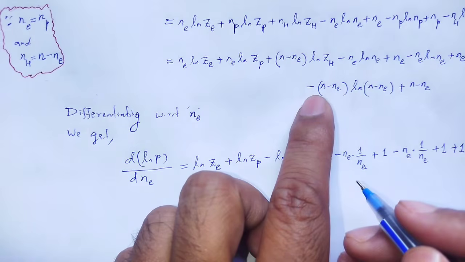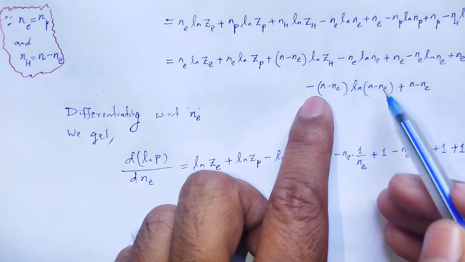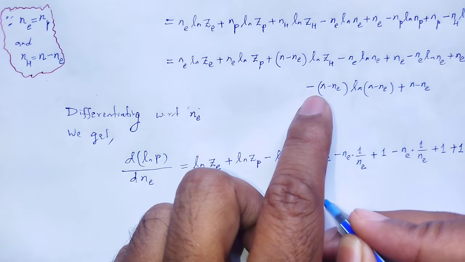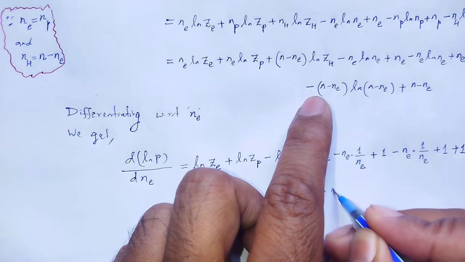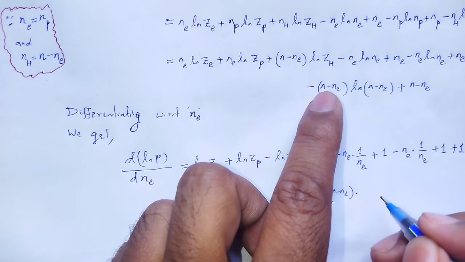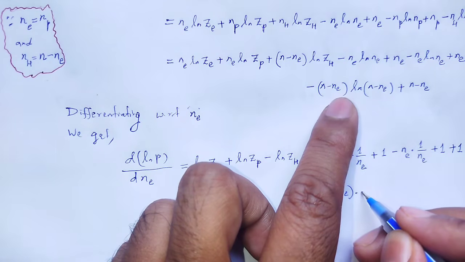In that section, differentiation of first term, second term as constant, minus ln of N minus N_e, its differentiation minus minus plus 1.